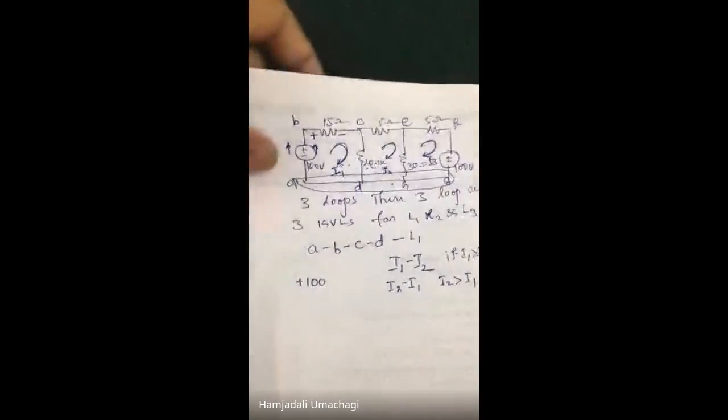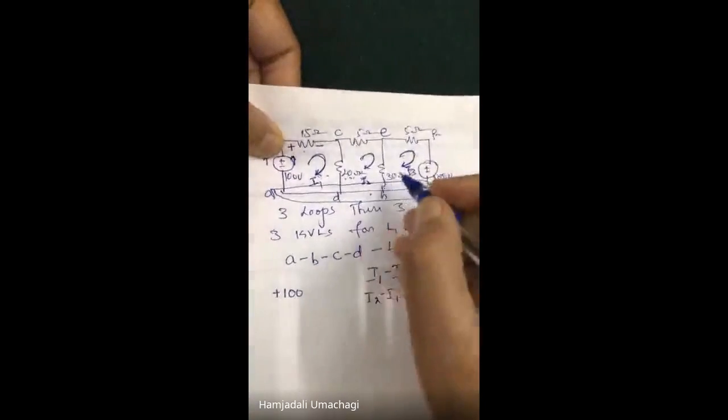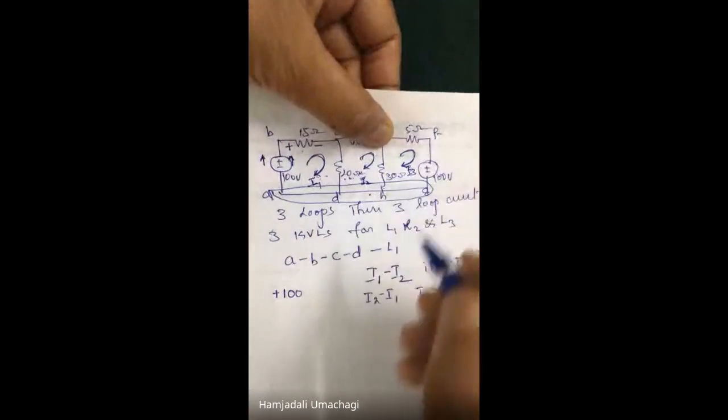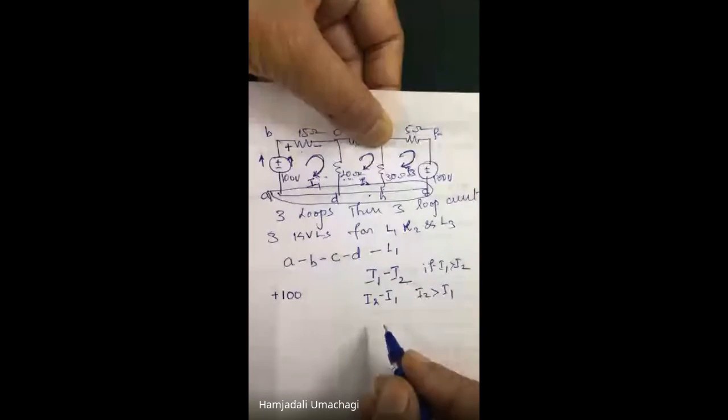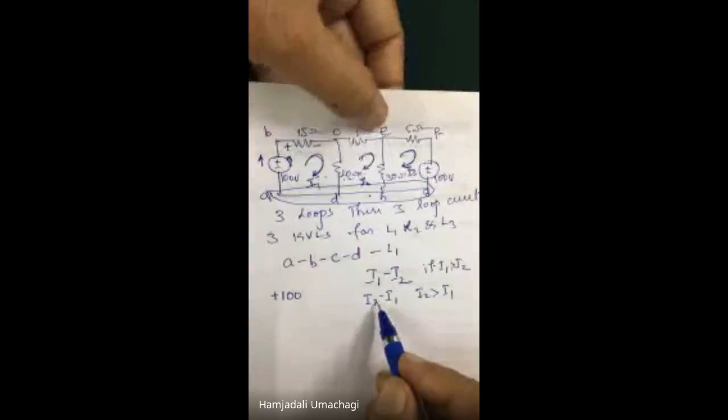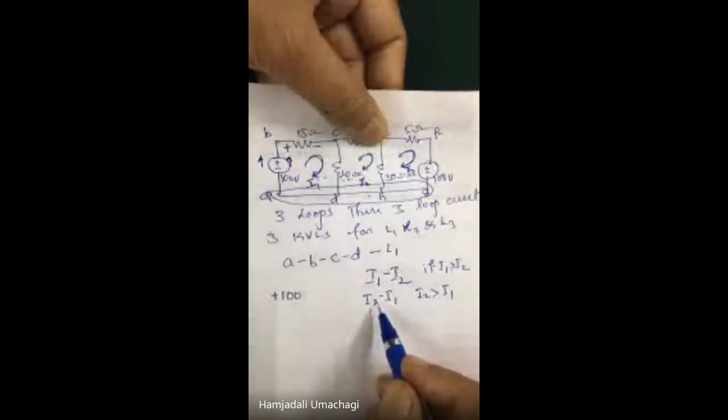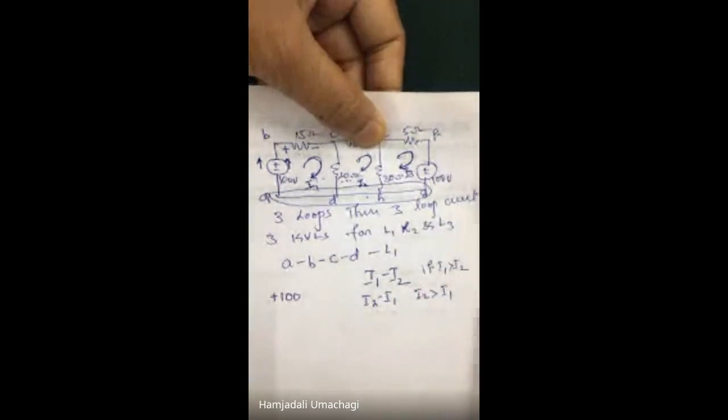Now I am going to apply a KVL. What's the current through the 30 ohm resistor? Anybody from the student side? Hello, what's the current through the 30 ohm resistor? Ajay.